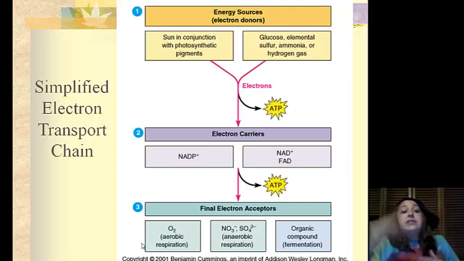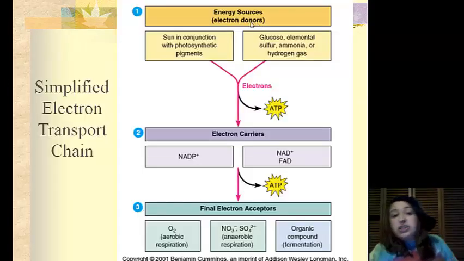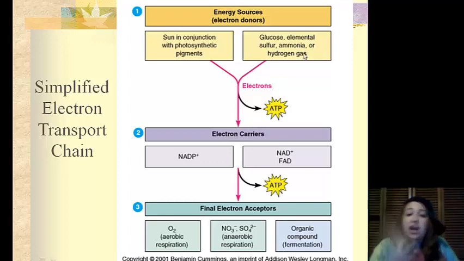So, here's a simplified electron transport chain, just as a reminder. So, we get an energy source. One of those energy sources is either going to be the sun, and we can go through photosynthetic pigments, or it's going to be glucose and other elemental sulfur, ammonia, hydrogen gas, and we have to take those in from the environment.